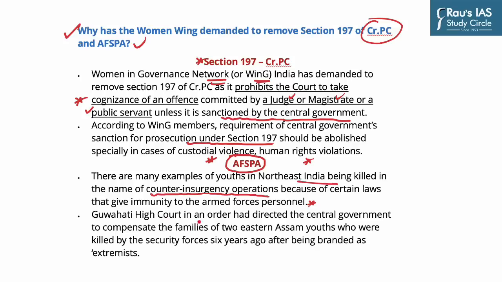The Guwahati High Court in an order had directed the central government to compensate the families of two Eastern Assam youths who were killed by the security forces 6 years ago after being branded as extremists.